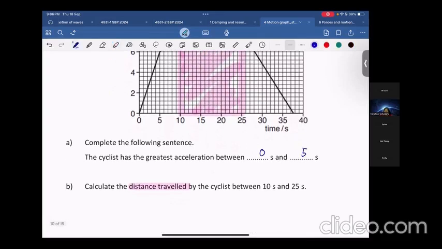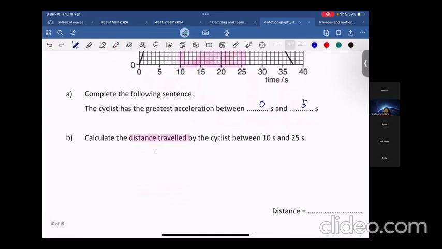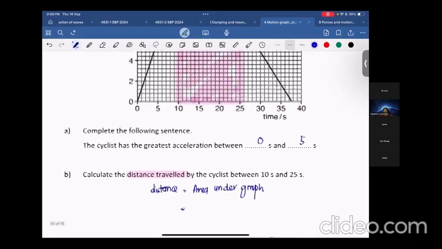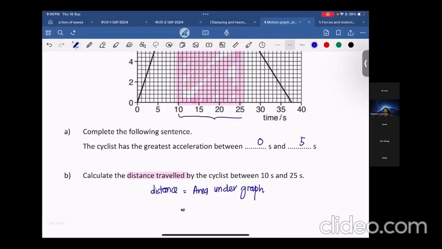Okay, remember, write down the formula. I told you distance formula, we have to write like this: area under graph. Okay, do calculation for this part. Hui Tong correct. From here, time to time, here is 15 seconds.